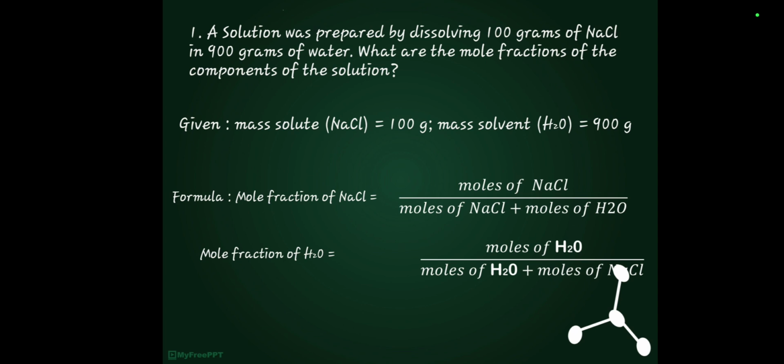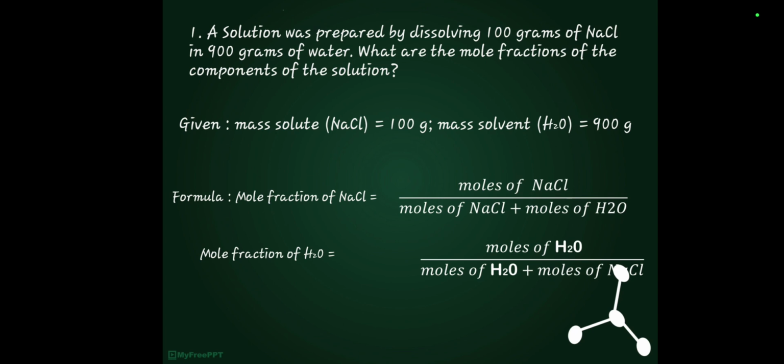Given, the mass of the solute, sodium chloride, is 100 grams, while the mass of the solvent, water or H2O, is 900 grams. The formula: the mole fraction of sodium chloride is moles of sodium chloride over moles of sodium chloride plus moles of water, and the mole fraction of H2O is moles of H2O divided by moles of H2O plus moles of sodium chloride.